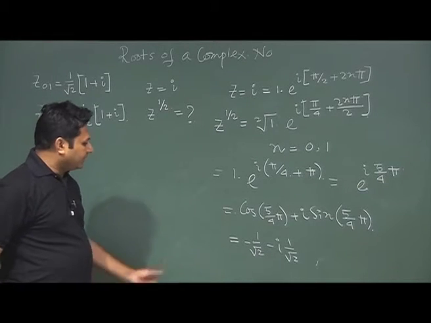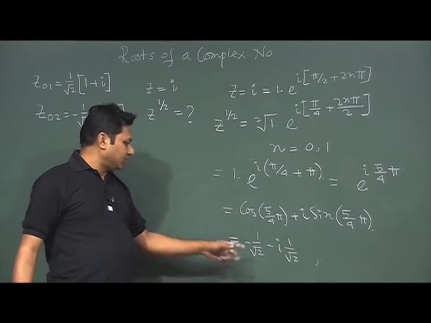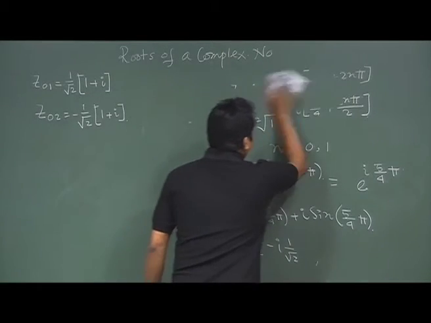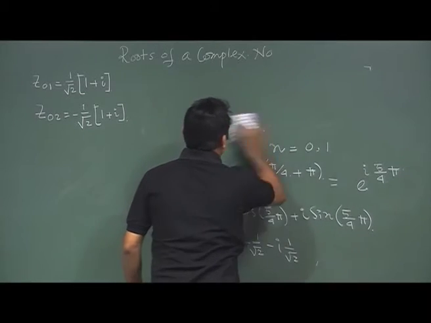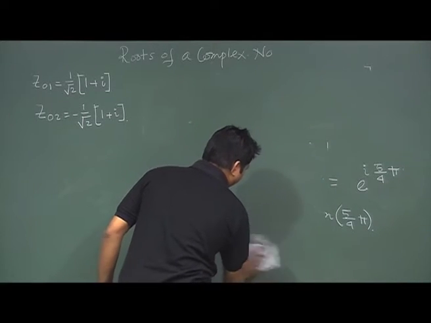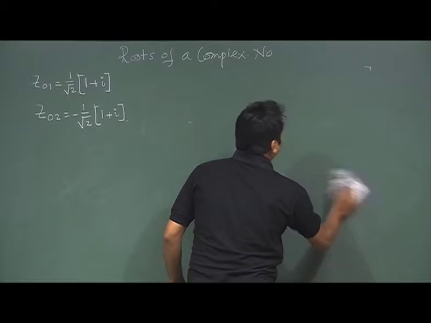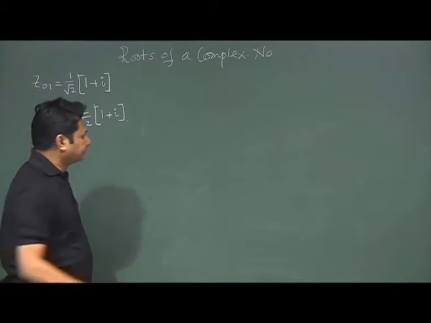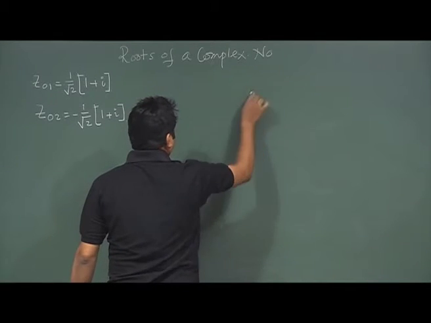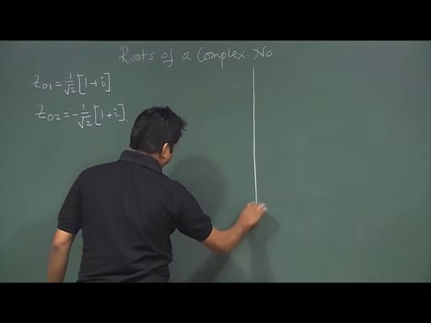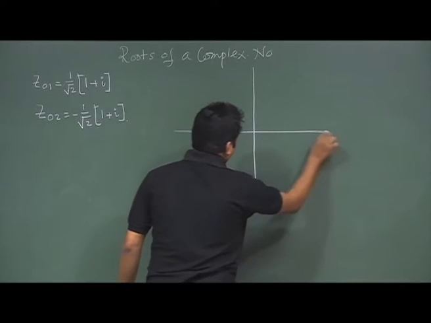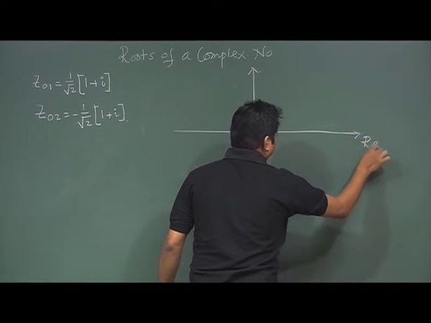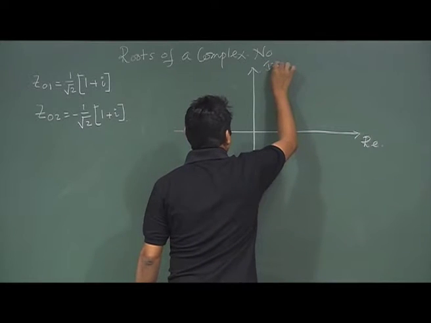So now if I have two roots, and I put these two roots in my complex plane, how does it look? This is my real axis, this is my imaginary axis.